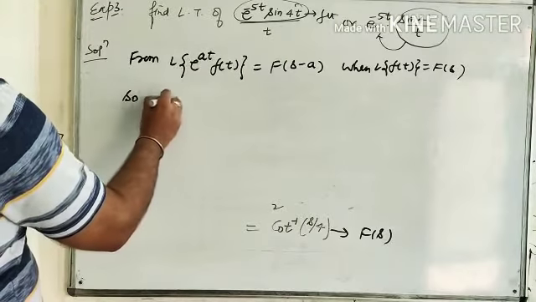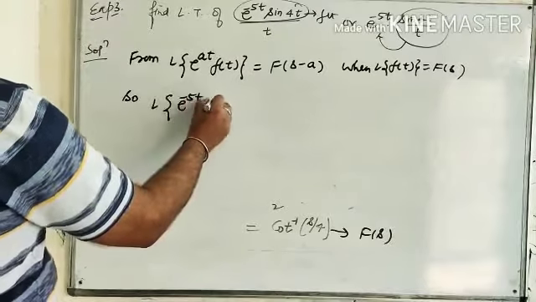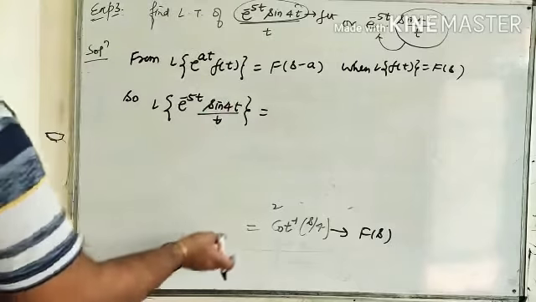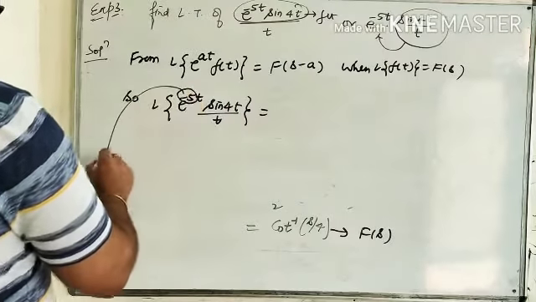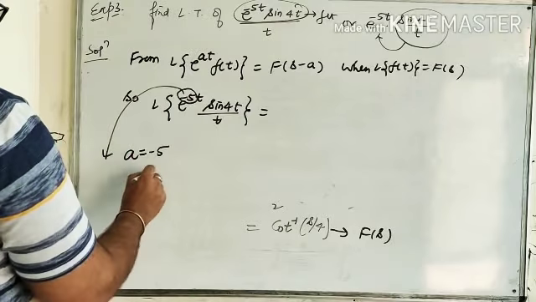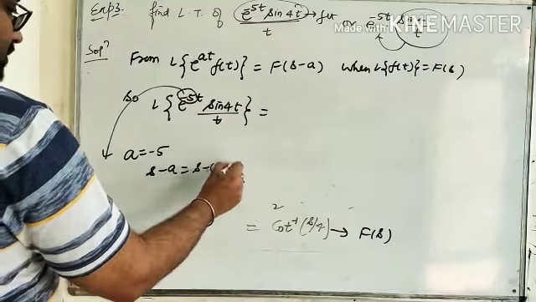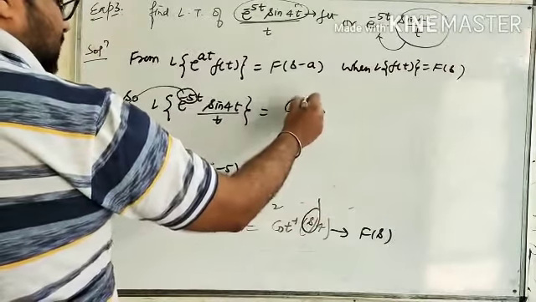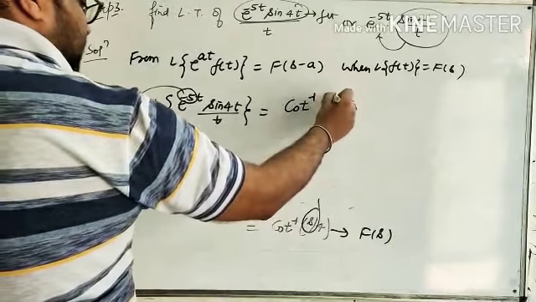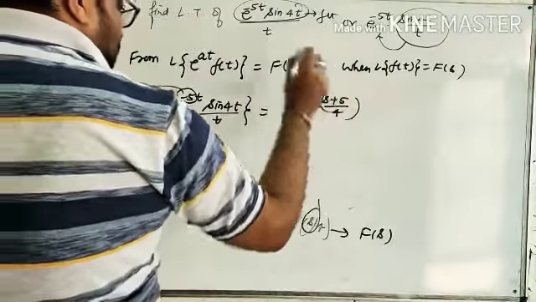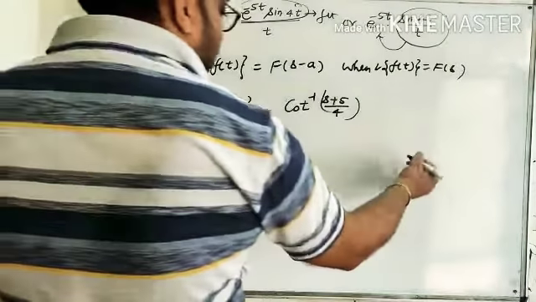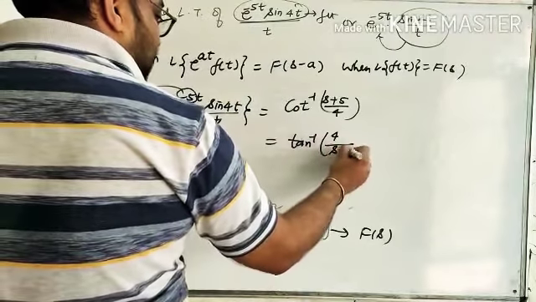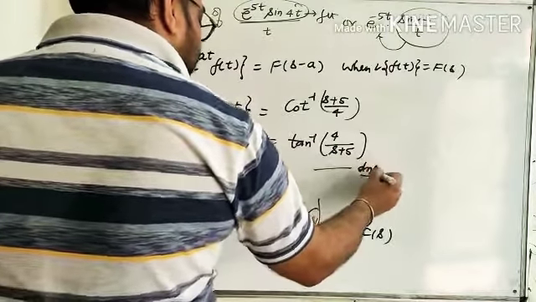So Laplace of e raised to power minus 5t sin 4t upon t is equal to, a is minus 5 and we have to put s minus a, so s minus minus 5, that is s plus 5. So we have to replace s by s plus 5. So cot inverse (s plus 5) upon 4. This is the required solution, or by the inverse trigonometric transformation we can write it as tan inverse 4 upon s plus 5. So this is the required solution of this kind of problem.